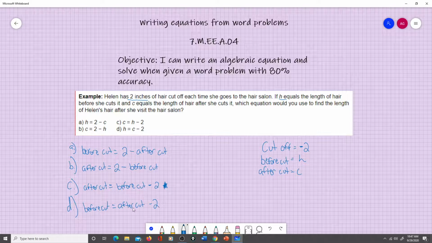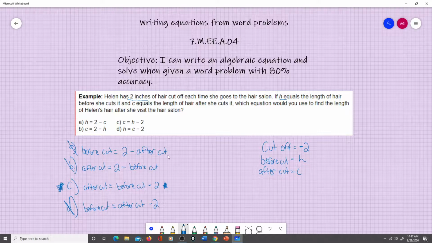Because now it's saying that we're cutting our hair again, and we're going to get the length before we did it. I'm going to have a hair length, and then I'm going to cut it, and then cut it again, and I'm going to have the same amount as before I cut it. So if we think about it in terms of the actual words, A, B, and D don't really make sense, but C does make sense.